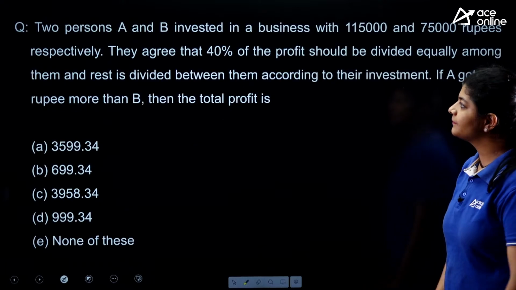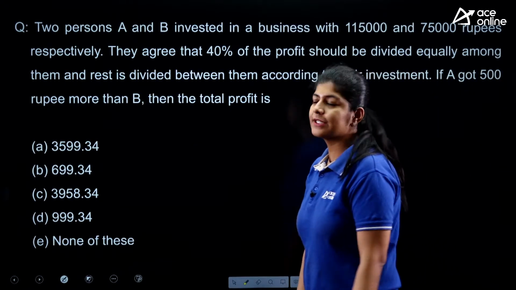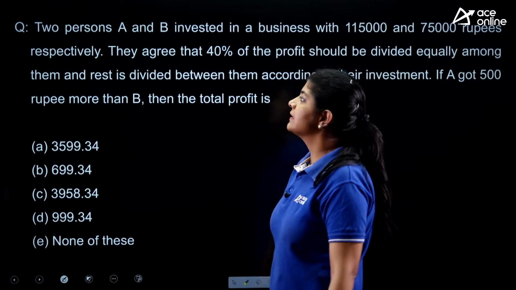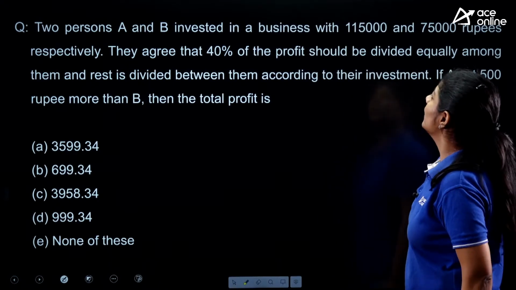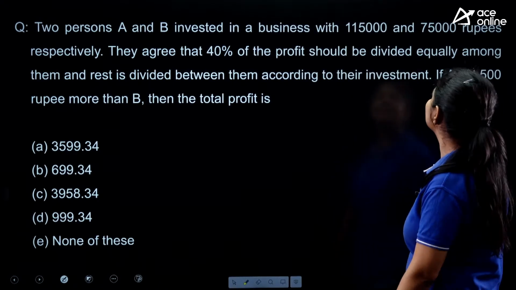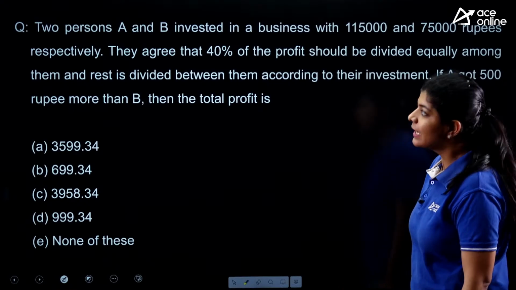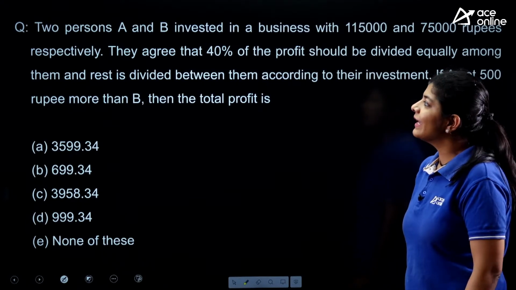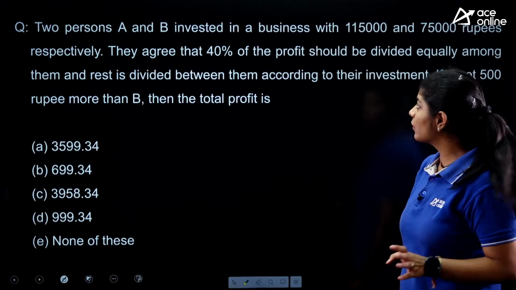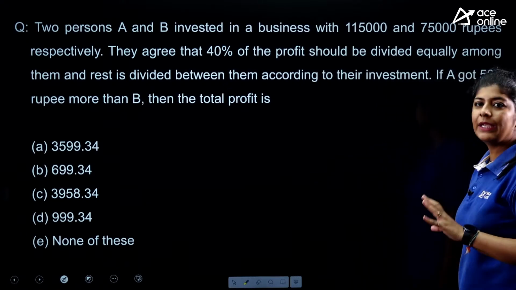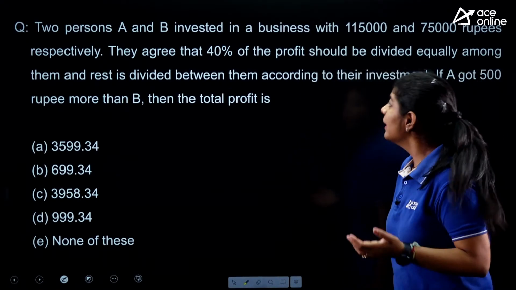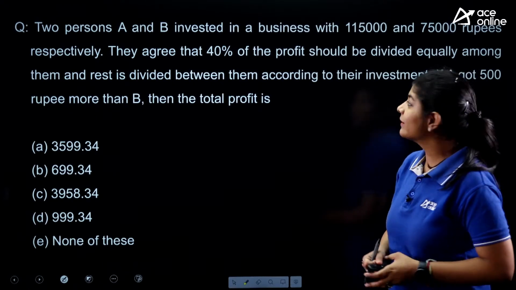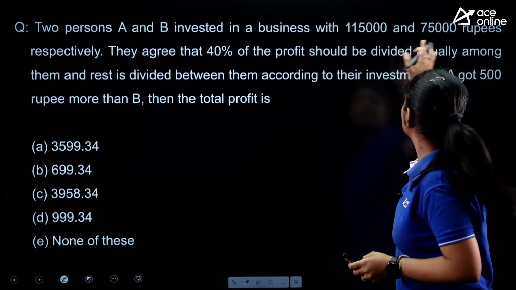Next. The next question says that two persons A and B invested in a business with 1,15,000 and 75,000 rupees respectively. They agree that 40% of the profit should be divided equally among them and the rest is divided between them according to their investment, that is, according to this particular ratio.